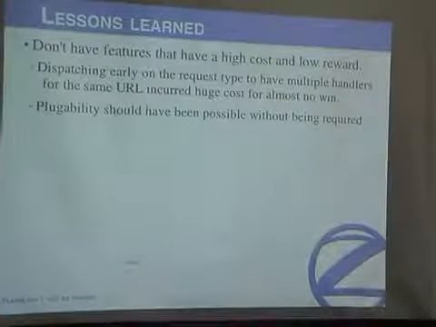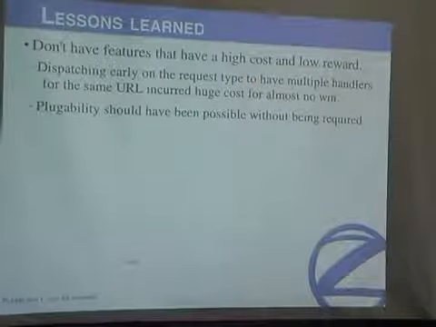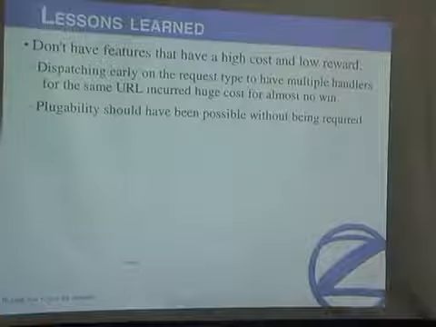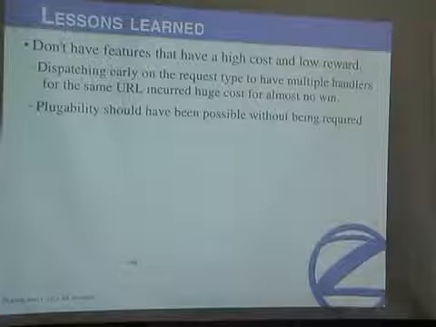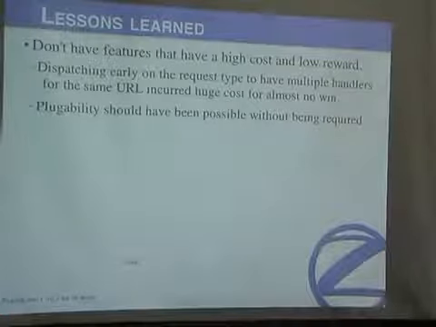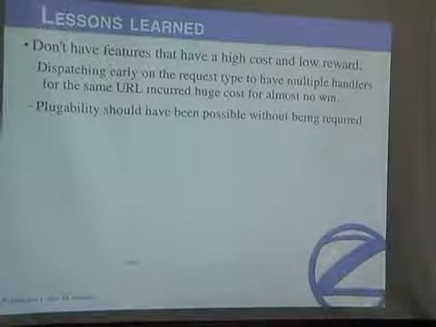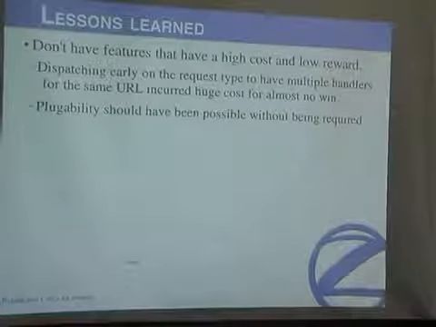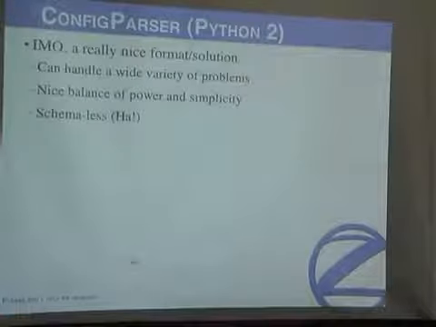You'll be in a discussion with engineers, and you're considering a feature, and somebody will say, "Yeah, but I can imagine." And usually, that's a bad thing. When somebody says "I can imagine," you should shut them up right about that. Pluggability should have been optional.